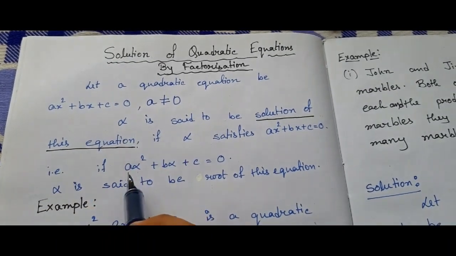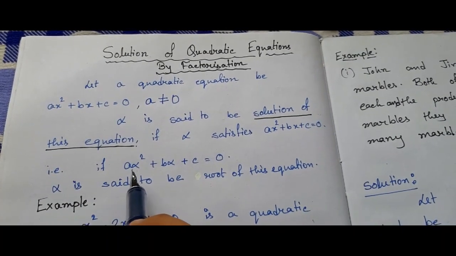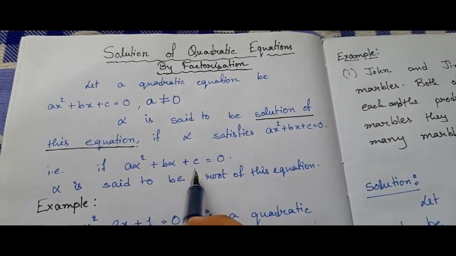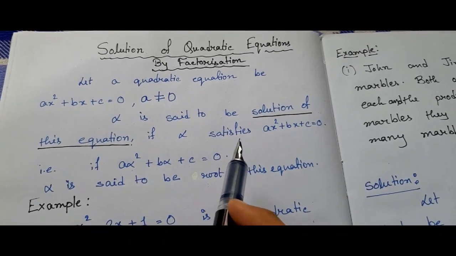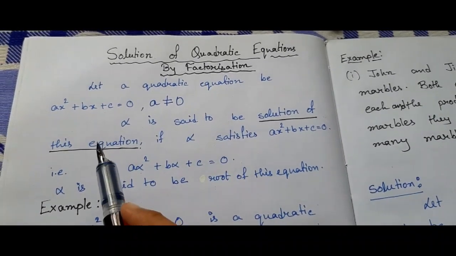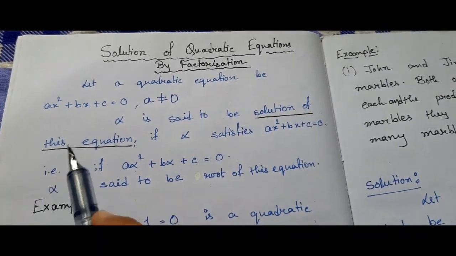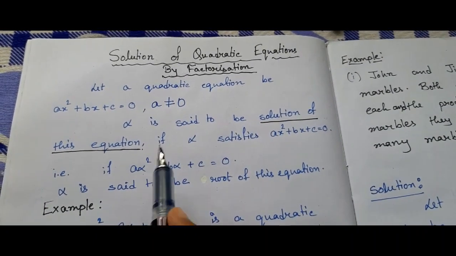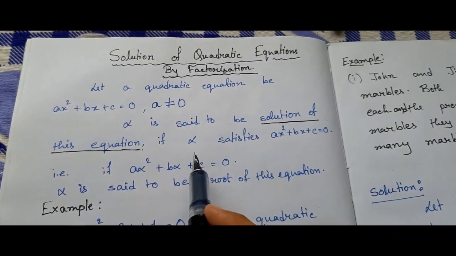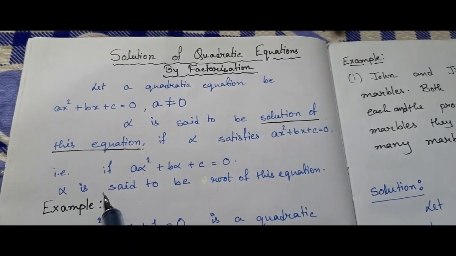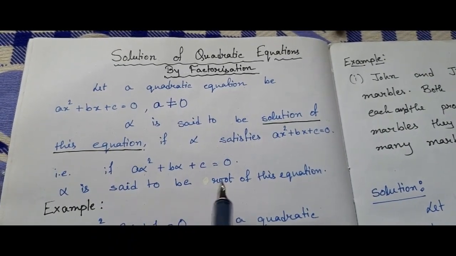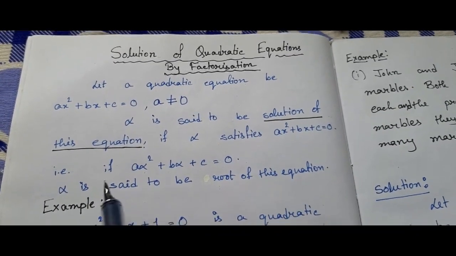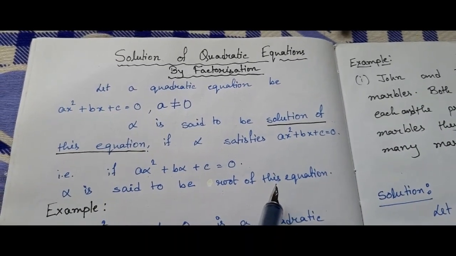That is, if aα² + bα + c = 0, then alpha is said to be a solution of the equation. Alpha can also be called a root of the equation.